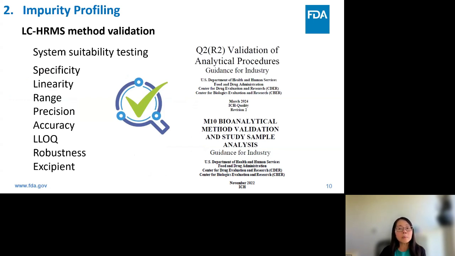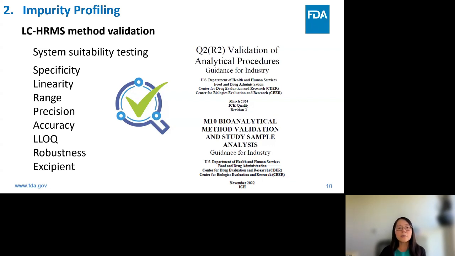Oligonucleotide products, like peptide products we discussed the past day, contain complex impurities that are often not only diverse in structure, but also with a wide range of abundance. To accurately quantify and profile impurities, it requires the analytical methods to be validated, which also assures their suitability in QC environment.